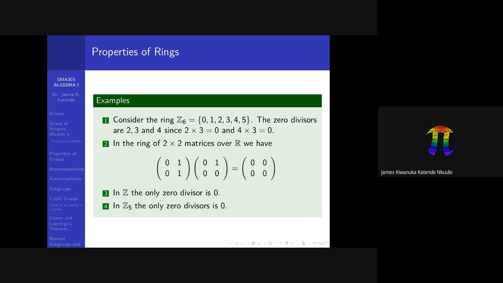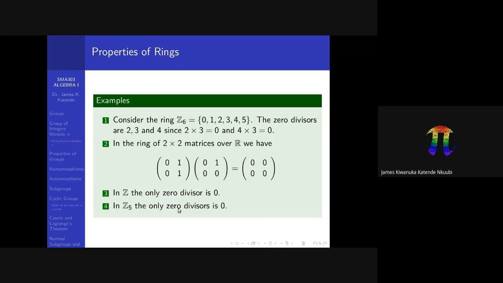In Z5, the only zero divisor is 0. How you check is the same thing I've done for Z6. You try to find if you can get any two numbers which are not both 0, and if you can find such two numbers whose product is 0, then you have some zero divisors.